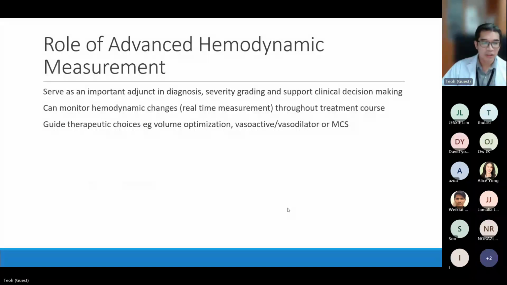And of course, this hemodynamic also guides the therapeutic choice regarding the volume optimization, the type of vasoactive drug you need to give, whether it's enough or not, whether you need to escalate up to the mechanical circulatory support.